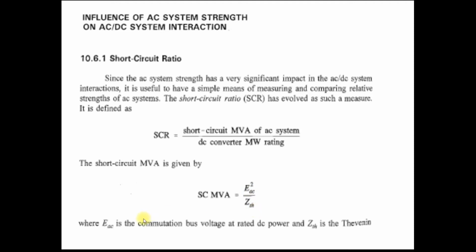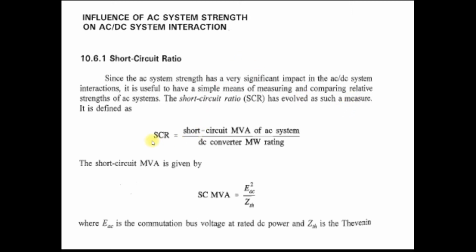Here EAC is the commutation bus voltage at the rated DC power, and ZTH is the Thevenin equivalent impedance of the AC system. The DC converter megawatt rating you already know, because once you design the HVDC system, your megawatt power transfer is fixed, and based on that you have designed the HVDC system.